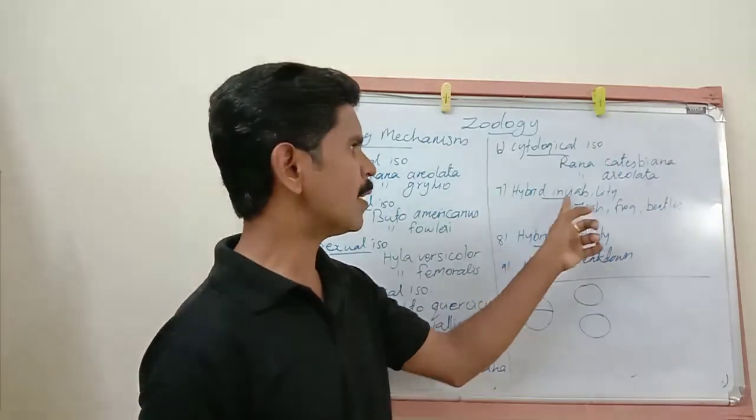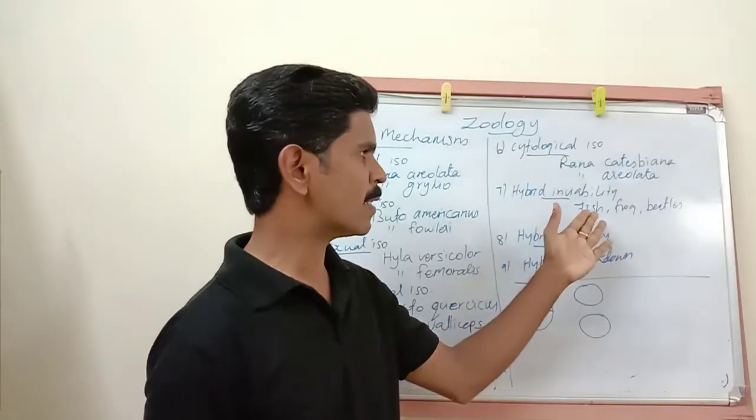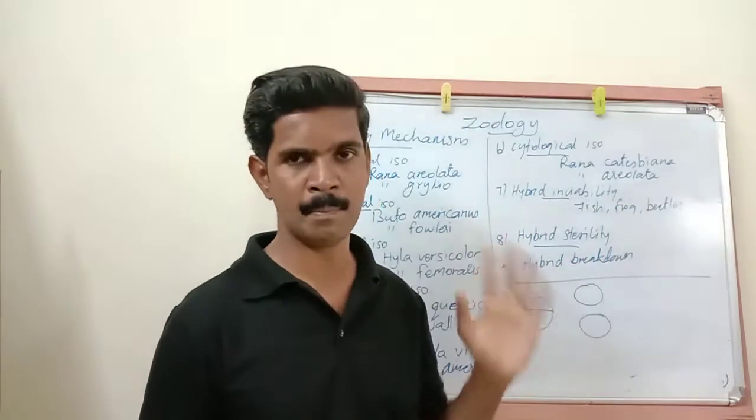Then next, hybrid inviability. This type of isolation we can see in some fishes, frogs and beetles.